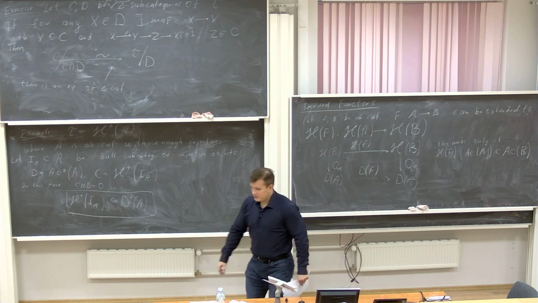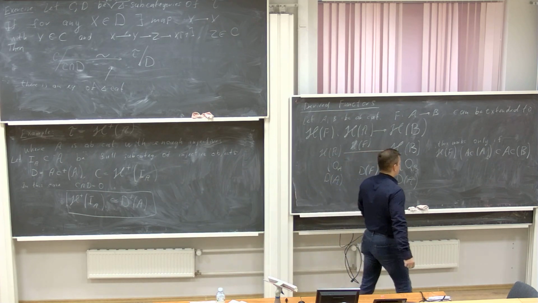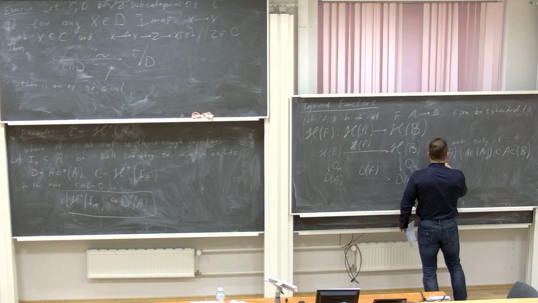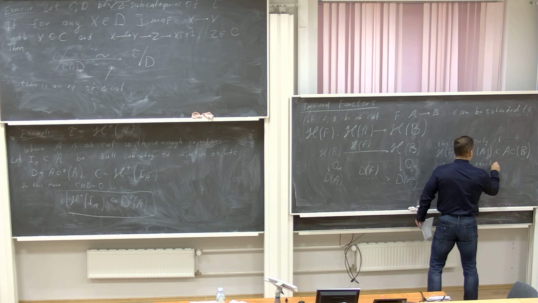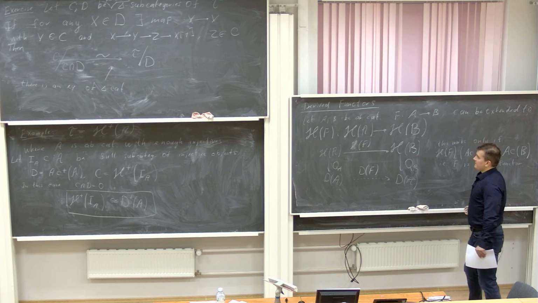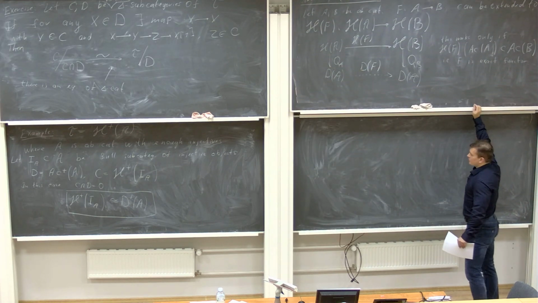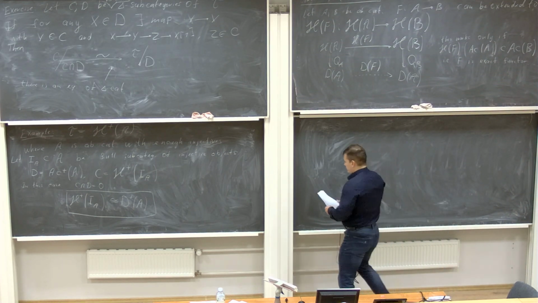So it maps an acyclic complex to an acyclic complex, and that's one of the definitions of an exact functor. F is an exact functor. But in general, this of course doesn't work. So what we can do is the following.